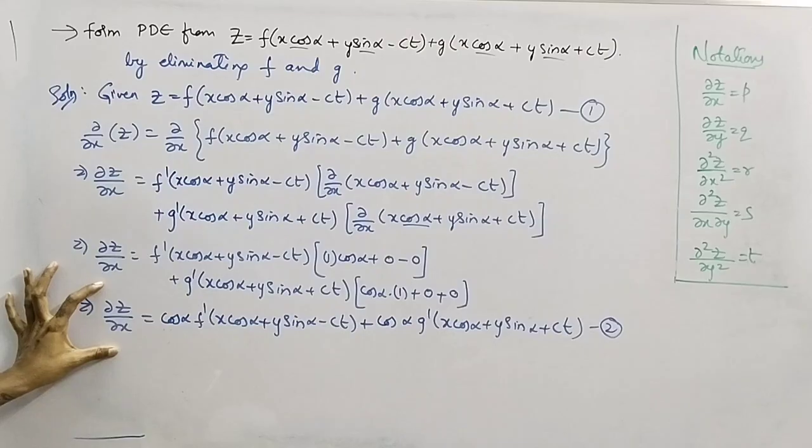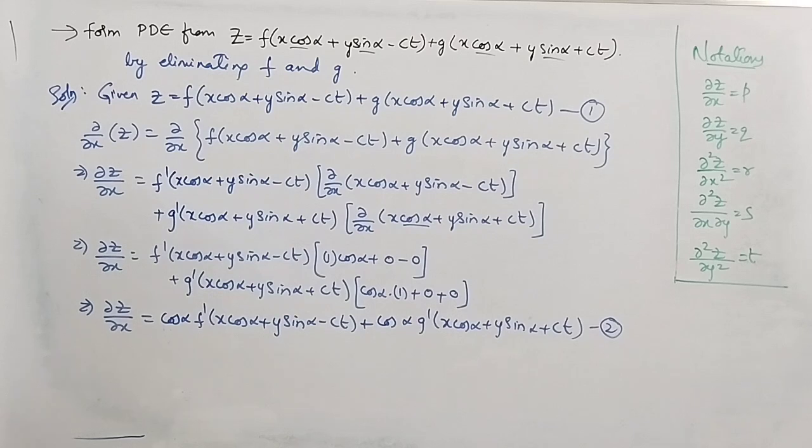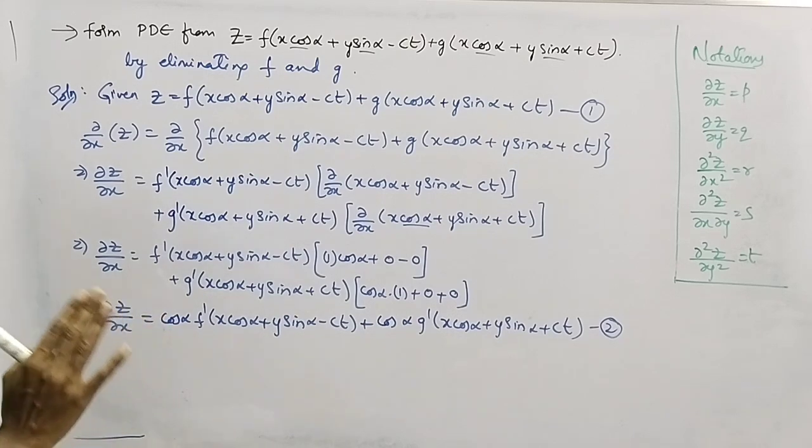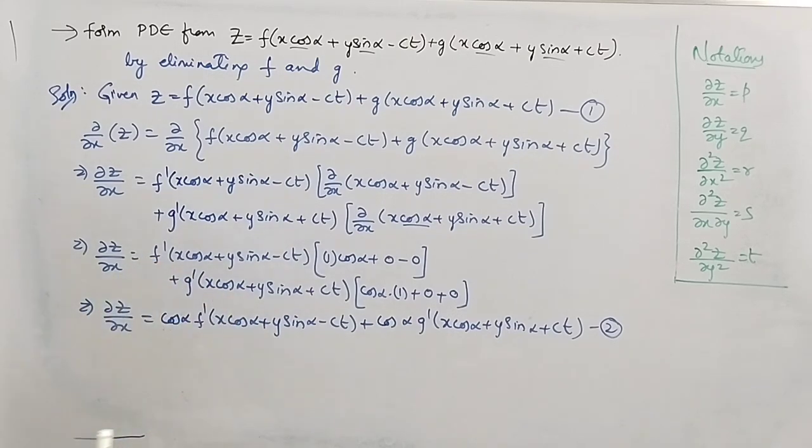Now let's partially differentiate 2 with respect to x, so that we'll get dou square z by dou x square. We'll find the second derivative of z with respect to x. Okay, the second derivative of z with respect to x. Simple.